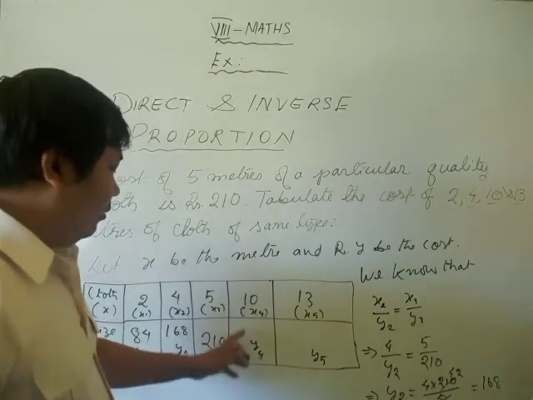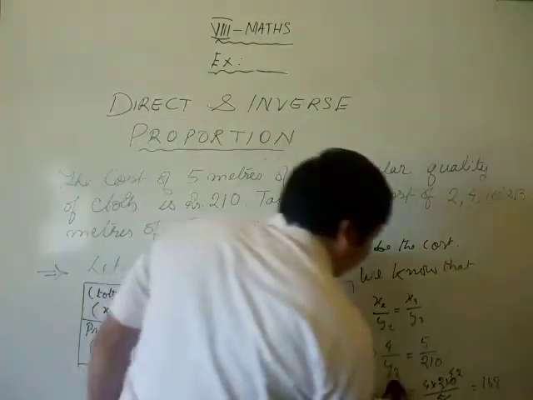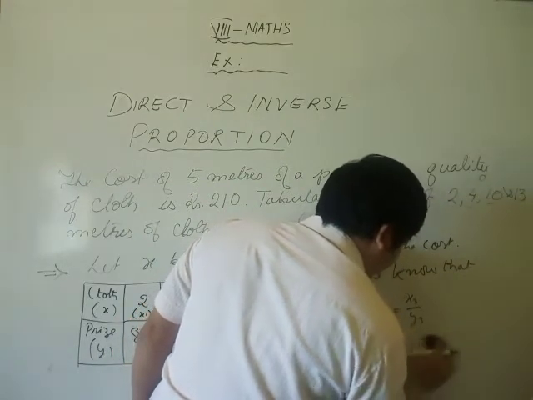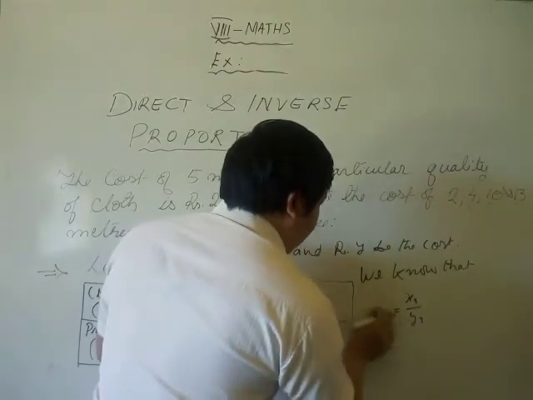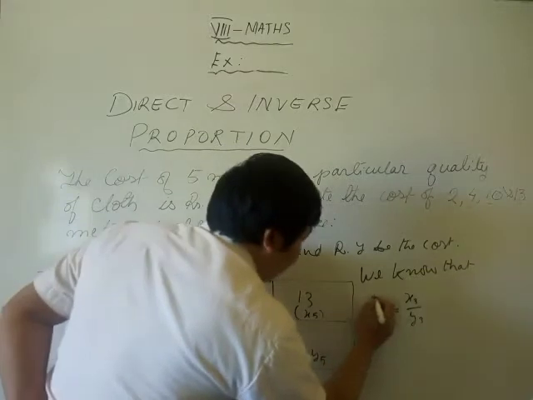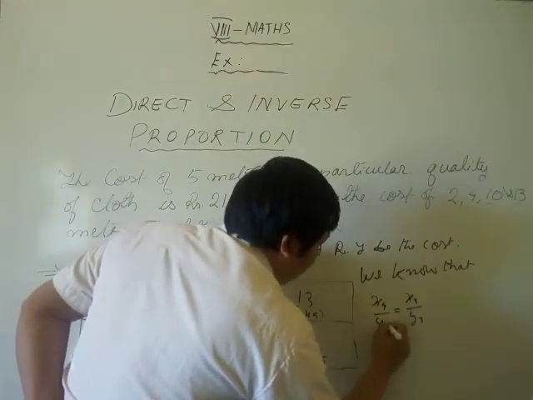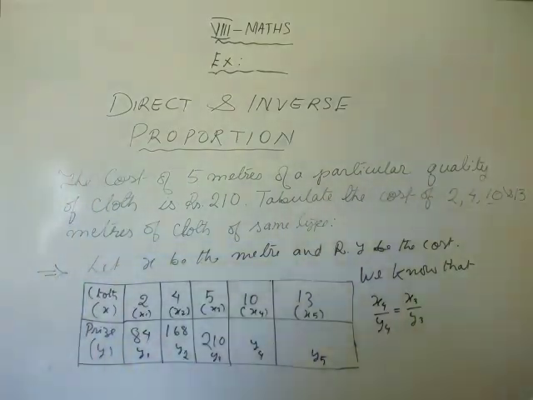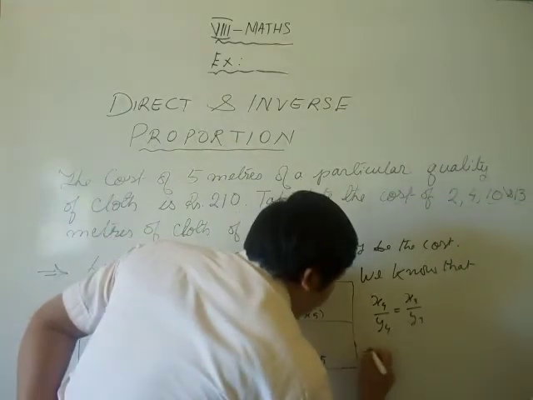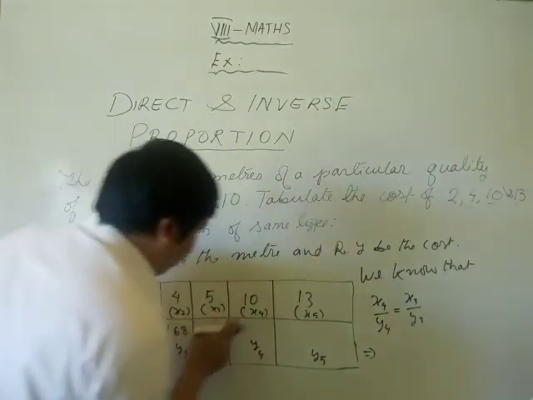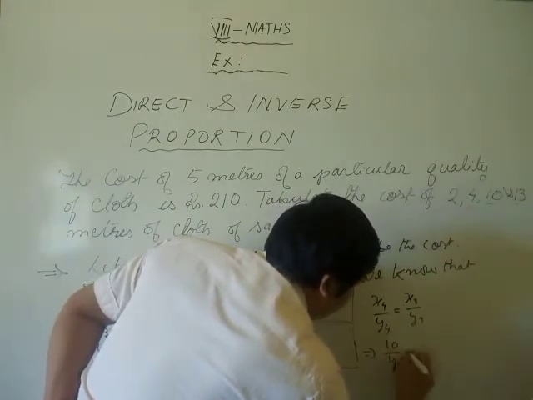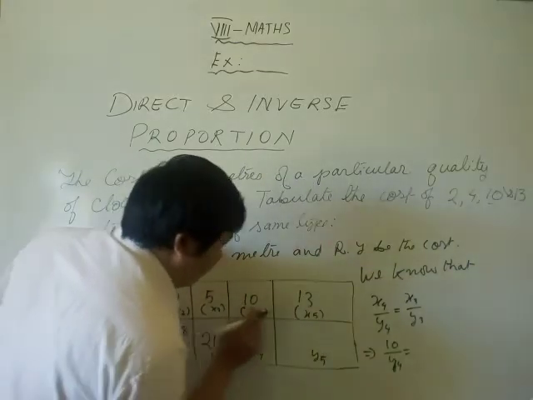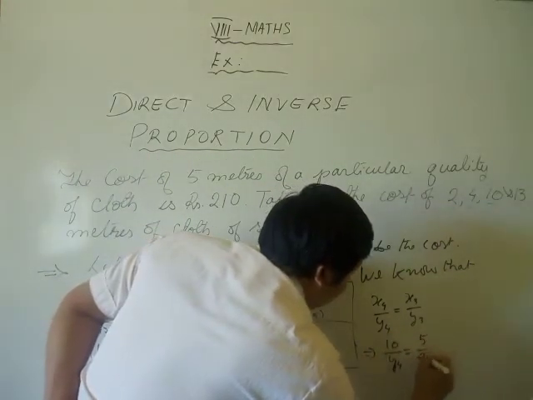Okay. Then next we find out this one. Now x4 by y4 is equal to x3 by y3. So x4 is 10. 10 by y4 is equal to x3, 5 by 210.